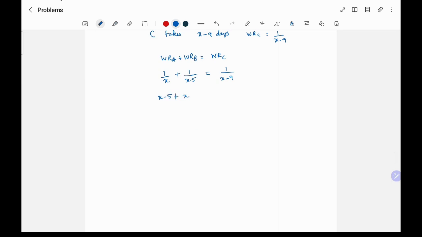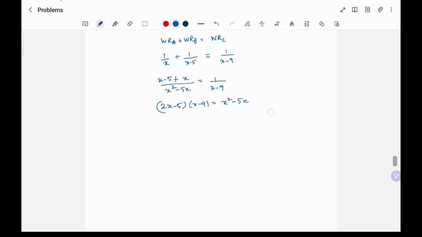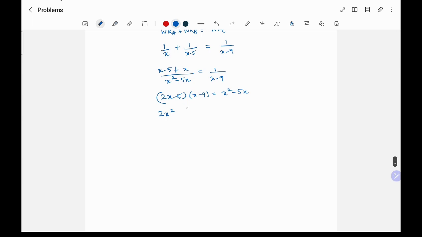Okay, so we'll solve this. x minus 5 plus x divided by x square minus 5x is equal to 1 by x minus 9. So cross multiply, we get 2x minus 5 into x minus 9 is equal to x square minus 5x. 2x square minus 18x minus 5x plus 45 is equal to x square minus 5x.